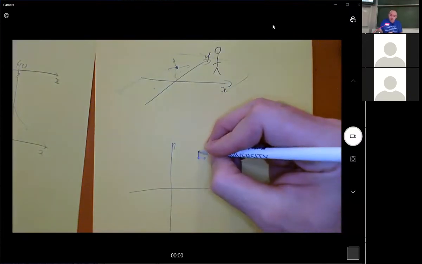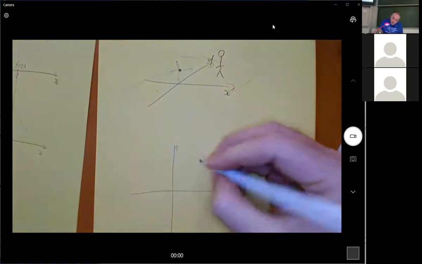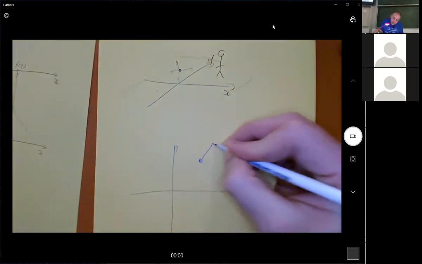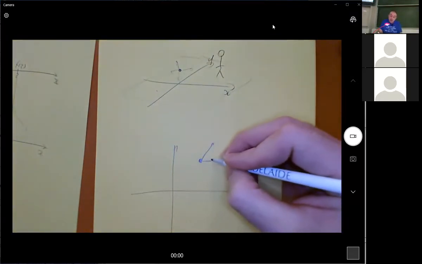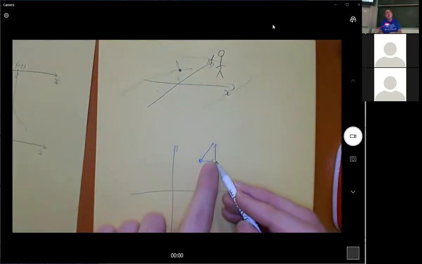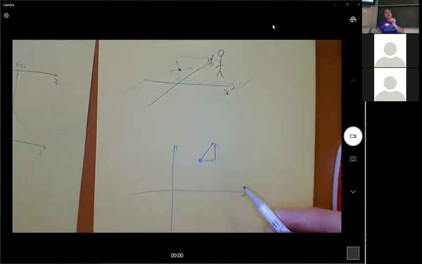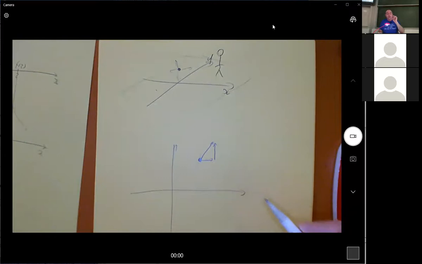So if we move a little bit this way, that's the same as moving a little bit this way and a little bit this way. And moving a little bit this way will make the function value go up or down a bit, and moving a bit this way will make the function value go up or down a bit. And that's what multivariable derivatives are about.